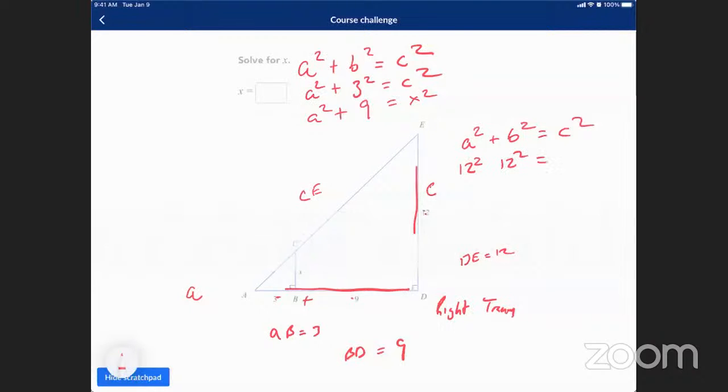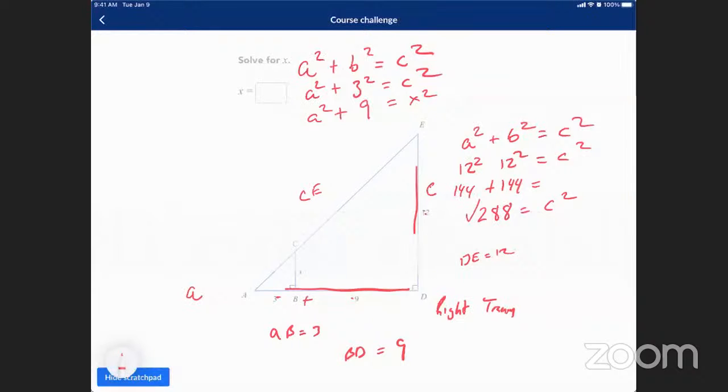And then we can probably get, what do you call it again? This is 288, and then that equals c squared. Well, it actually won't.